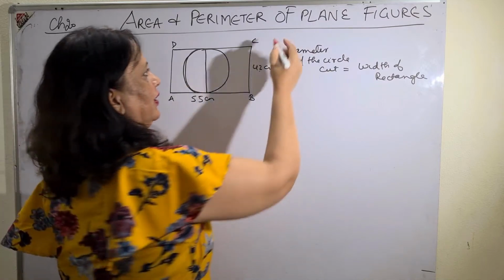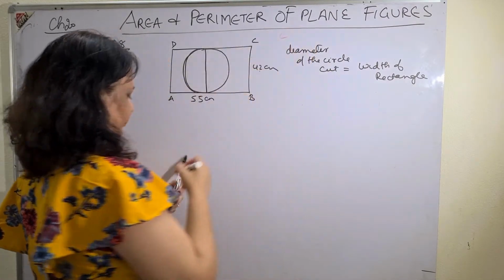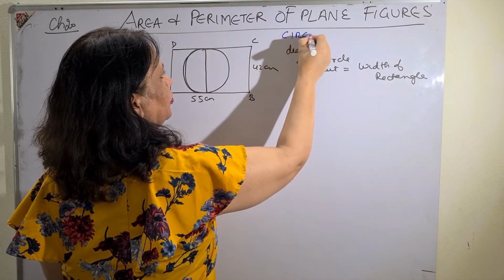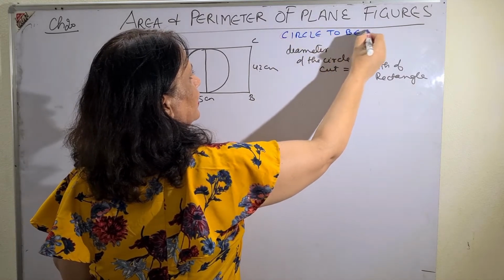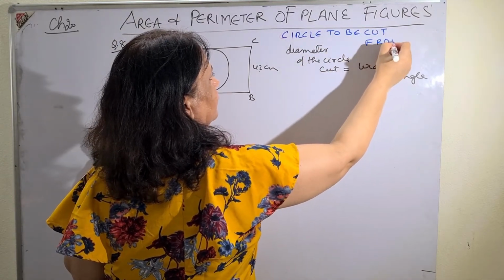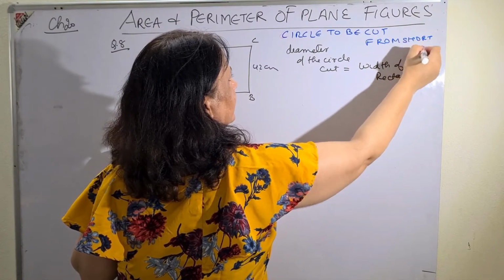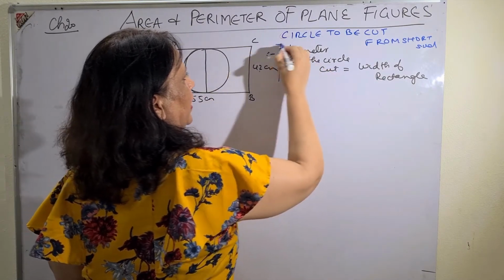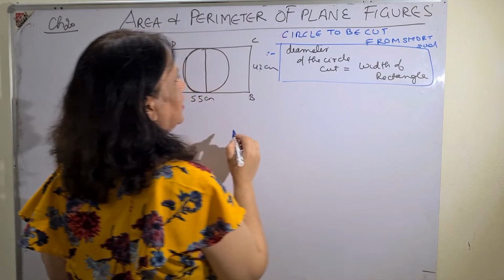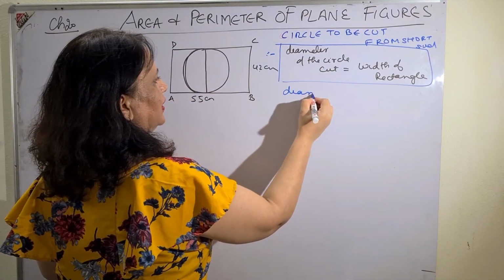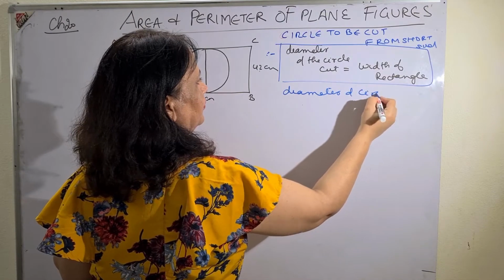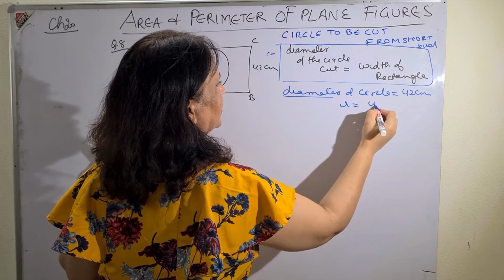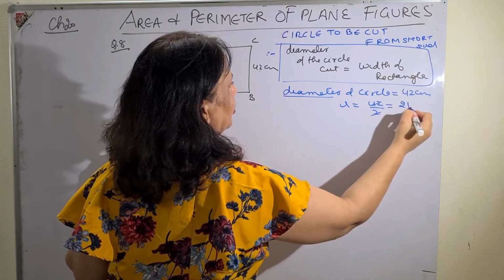I am writing in bold letters on top of the question, circle to be cut from shorter side, so that the diameter of the circle cut is equal to the width of the rectangle. Please mention this, it carries marks. So the diameter of the circle is 42 centimeter. We don't need the diameter, so the radius of the circle is 42 upon 2, that is 21 centimeter.